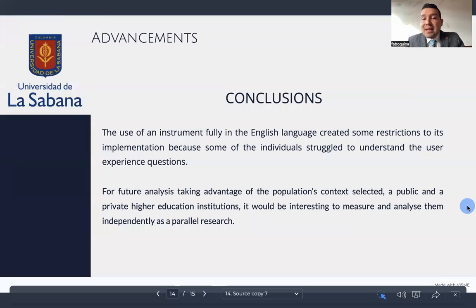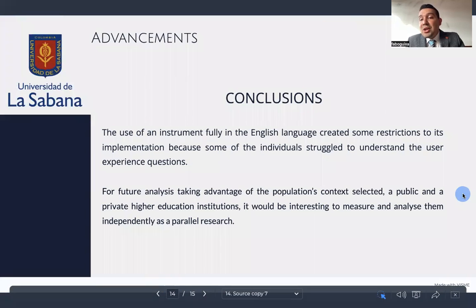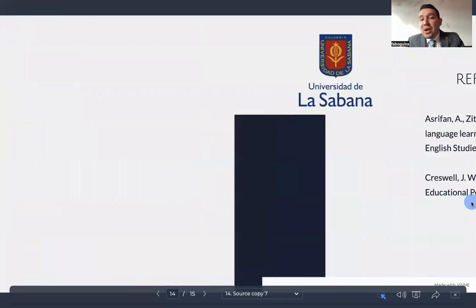In the same idea, the use of full English language in the instrument presented some restrictions to the understanding of the user experience questions by the population. We also consider that we may take advantage of the public and private institutions for further analysis of how those institutions may use the learning objects according to their context.